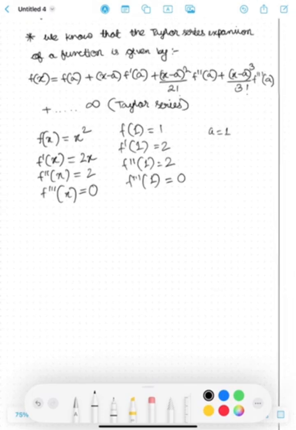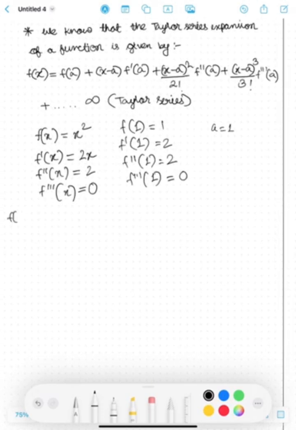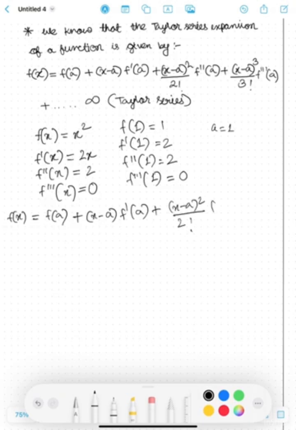Now let us put the values in this function. f(x) is equal to f(a) plus (x minus a) f'(a) plus (x minus a) whole square by 2 factorial f''(a), and we don't need to find this next term because f'''(a) is equal to 0, so it's going to be 0 as well.